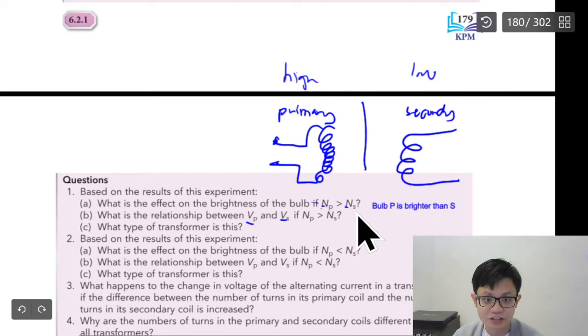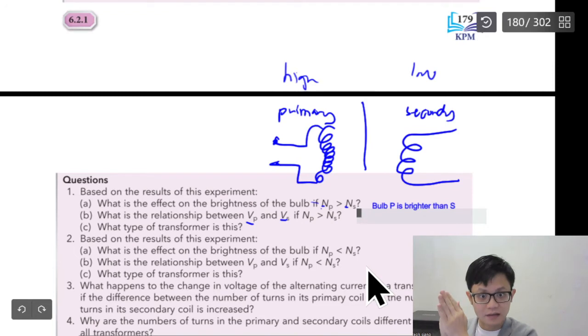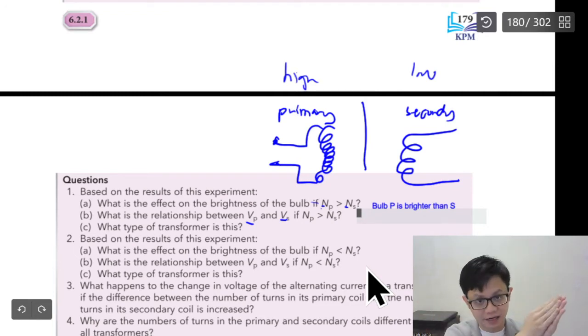The relationship is the voltage. Because you say the number of turns in the primary coil is higher than in the secondary coil, of course the voltage here will be higher than here.